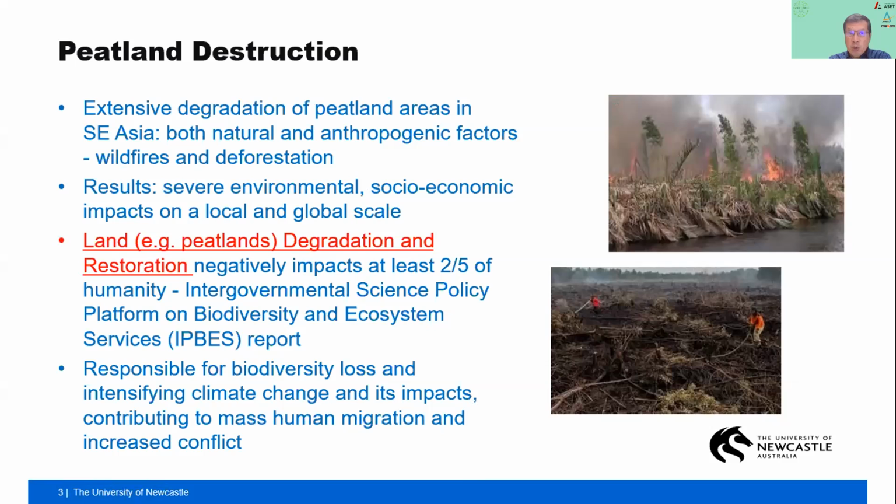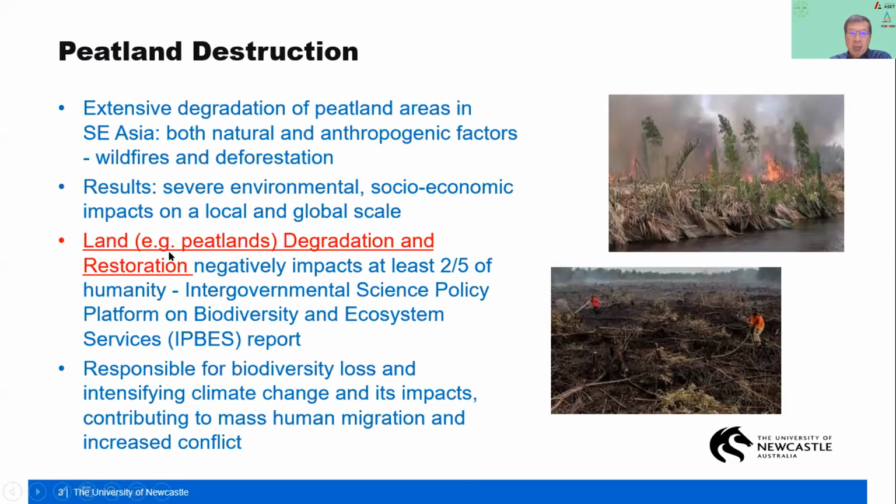So when it's destroyed, as we see in Southeast Asia, there's extensive degradation from natural and anthropogenic factors like wildfires, as you have heard, as well as deforestation. This results in severe environmental and socio-economic impacts on a local and global scale.